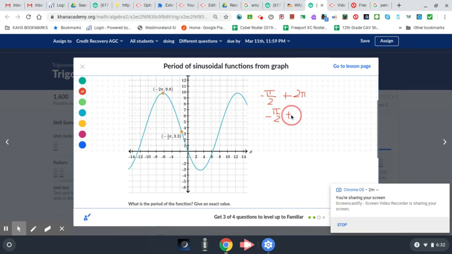Plus, and then if we add on 2 pi, 2 is the same thing as 4 halves. So if we have negative 1/2 pi plus 4 halves pi, that's 3 halves pi.